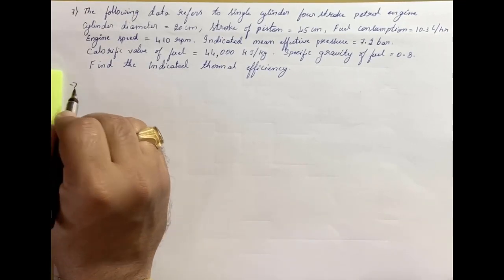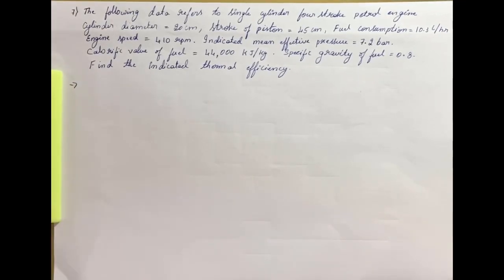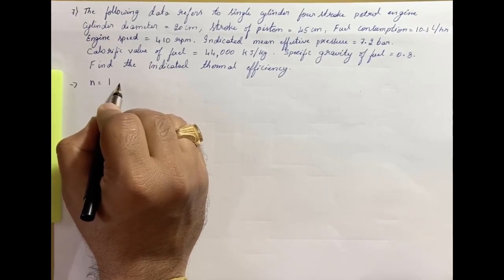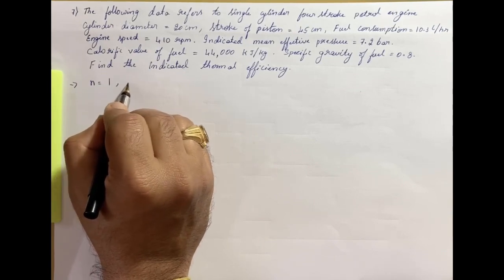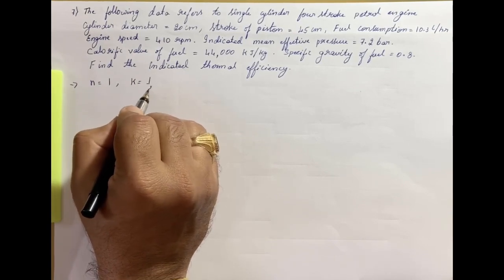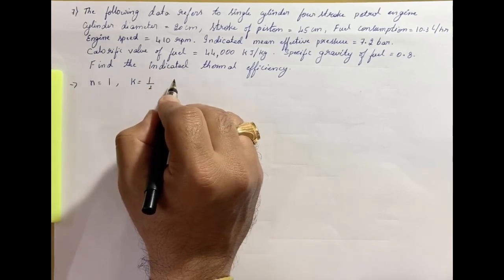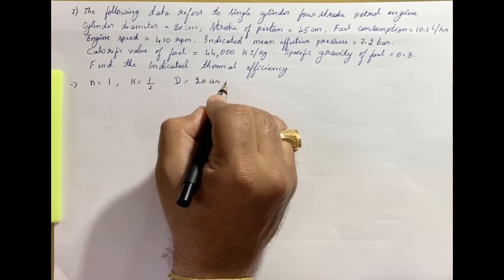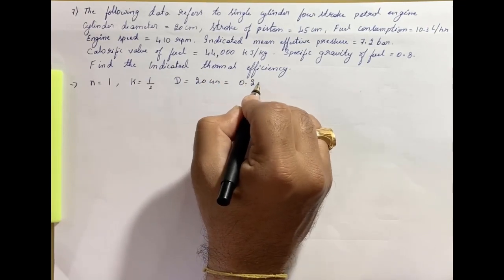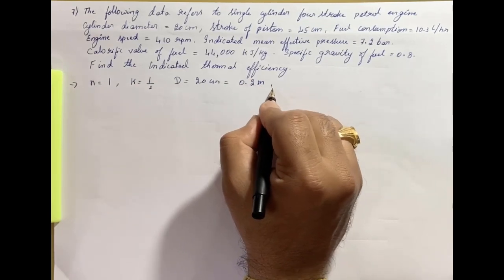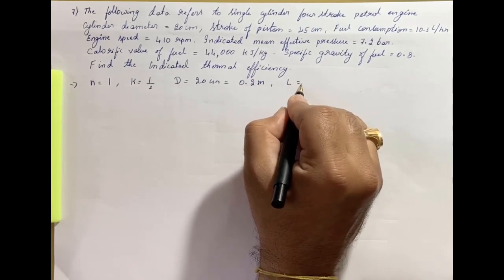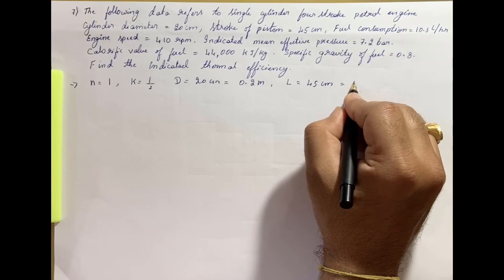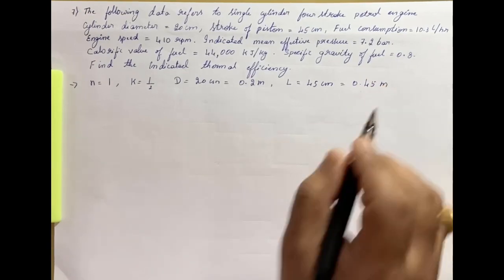Single cylinder, that is N is equal to 1. 4-stroke petrol engine, K is equal to half. Cylinder diameter capital D is equal to 20 centimeter, that is 0.2 meter, and stroke of piston L is equal to 45 centimeter, that is 0.45 meter.